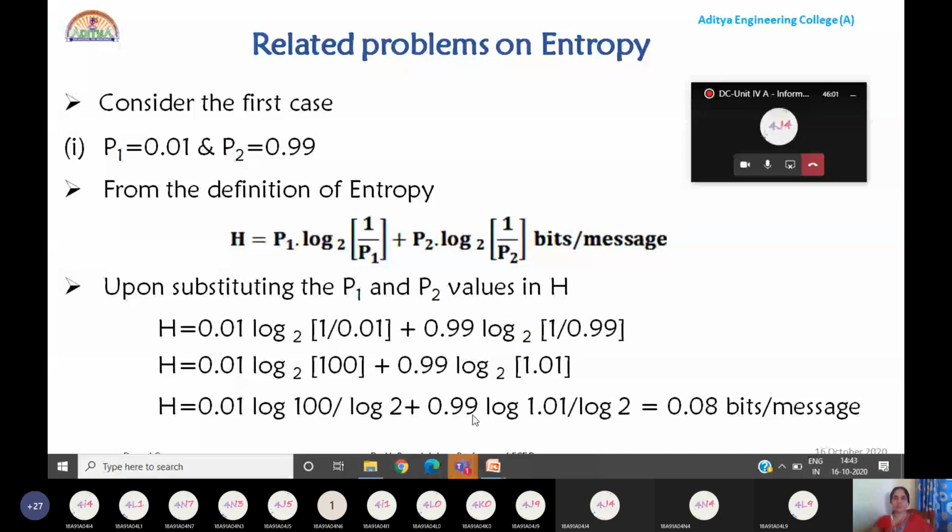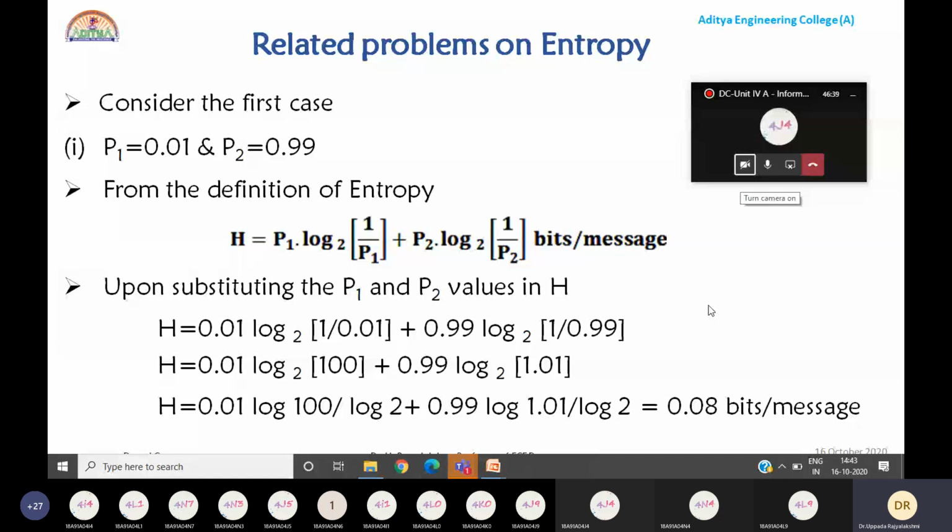The second term is log 1.01 by log 2 multiplied by 0.99, which gives 0.08 bits per message in total. Okay. Similarly, please solve the second one.